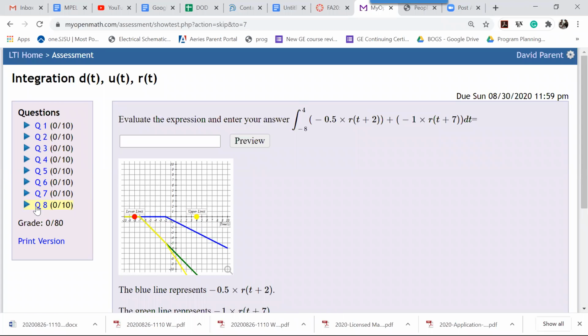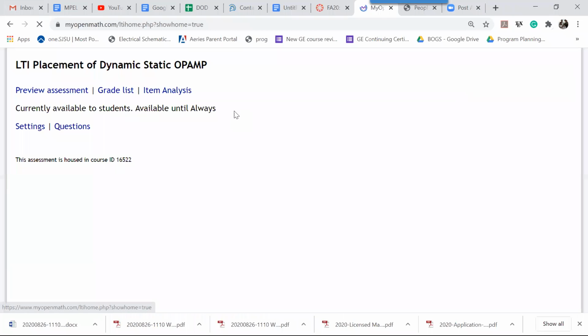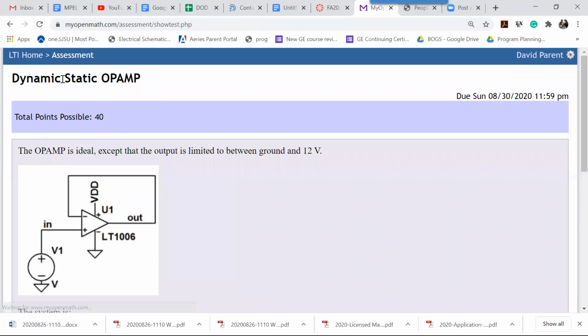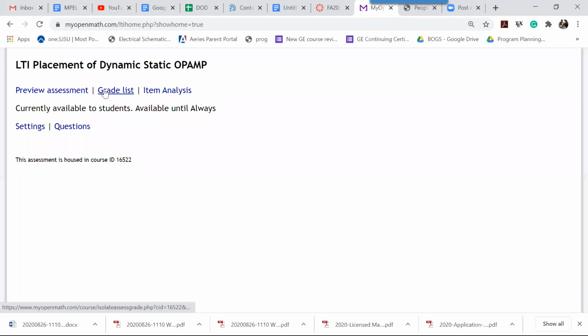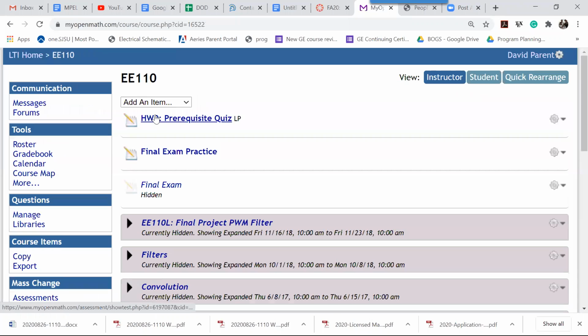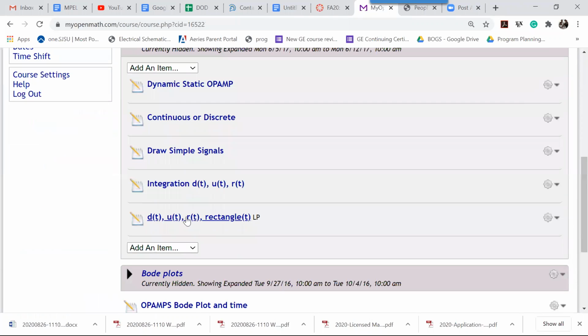And this one has ramps. I think you would have seen these. Yeah, this continuous or discrete, I did a lot of editing of that.